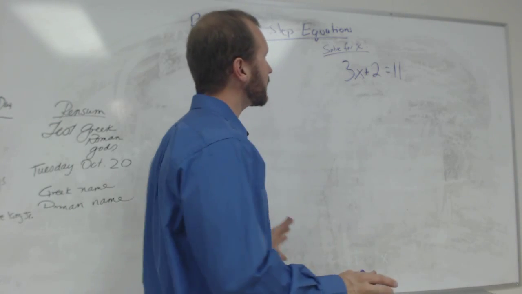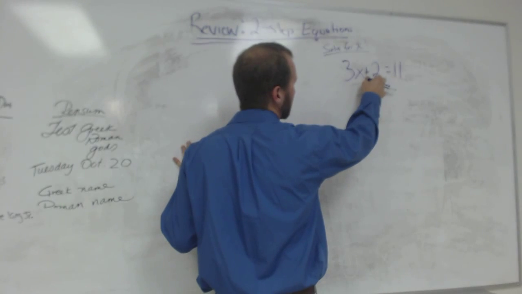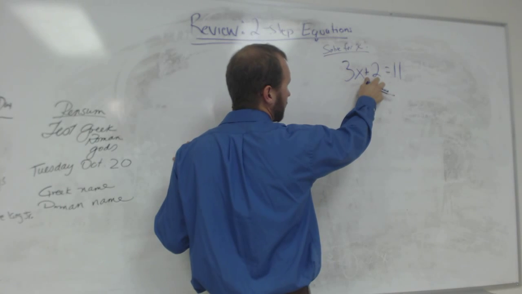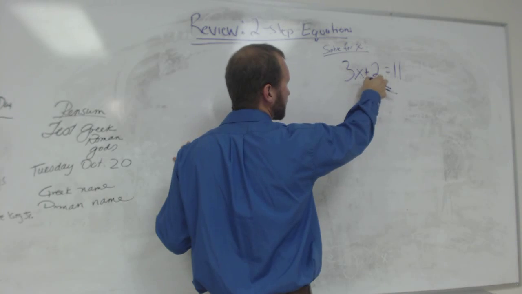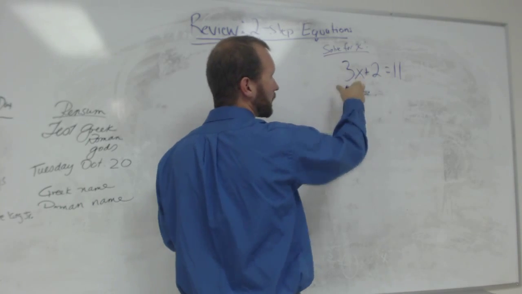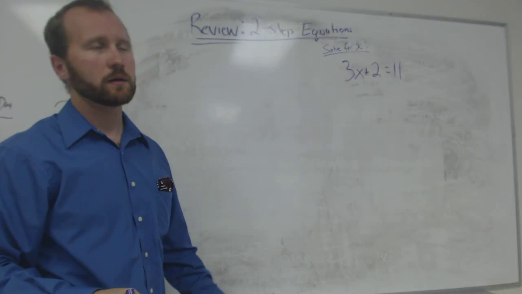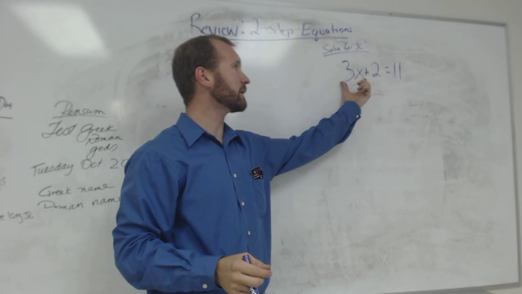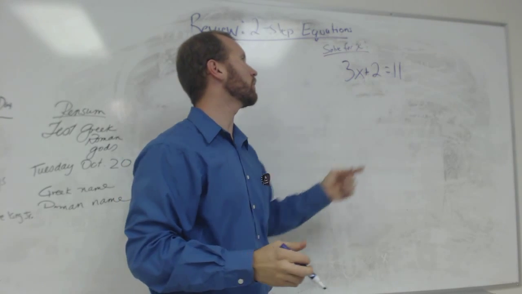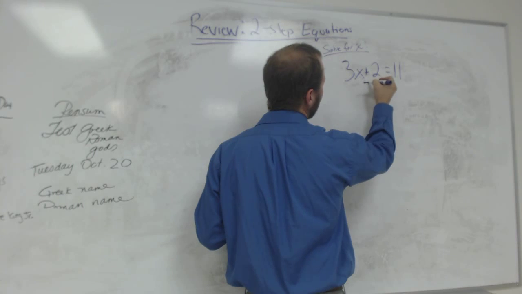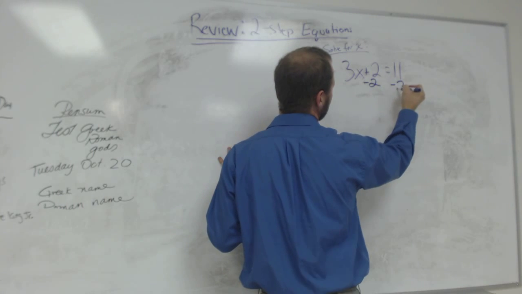The first thing I'm going to get rid of is this 2 over here. Right? I'm going to get rid of the thing that's in the way of the x term. So here's my x term, 3x. The opposite of plus 2 is minus 2.